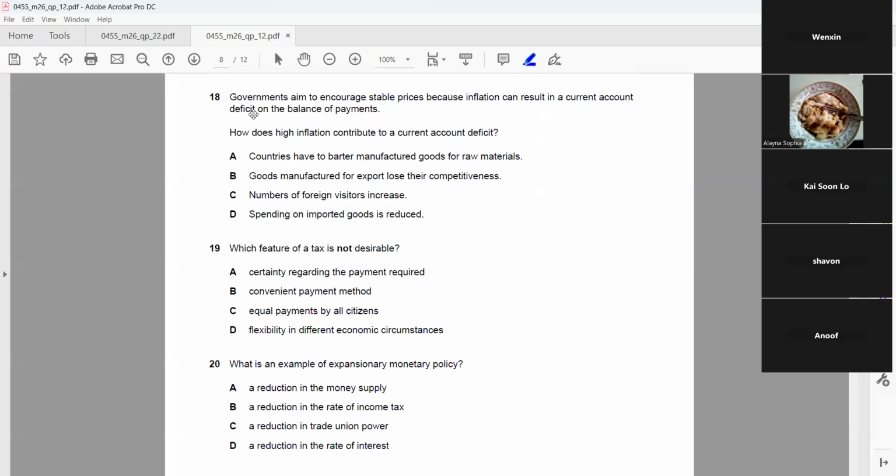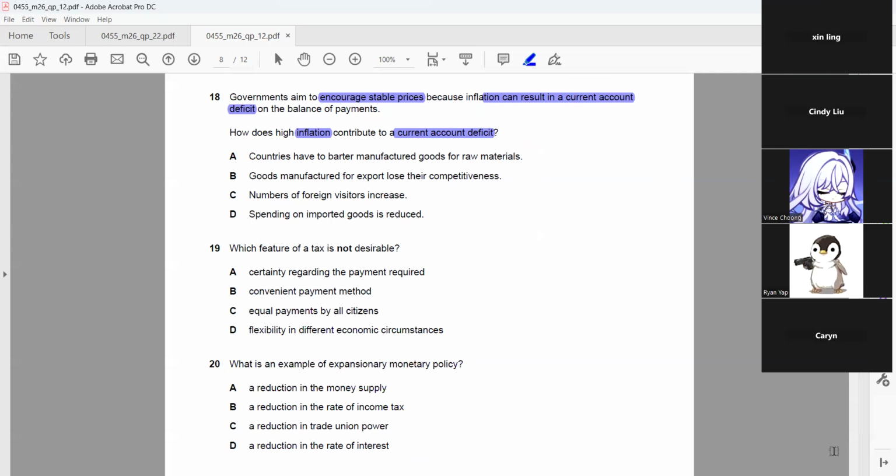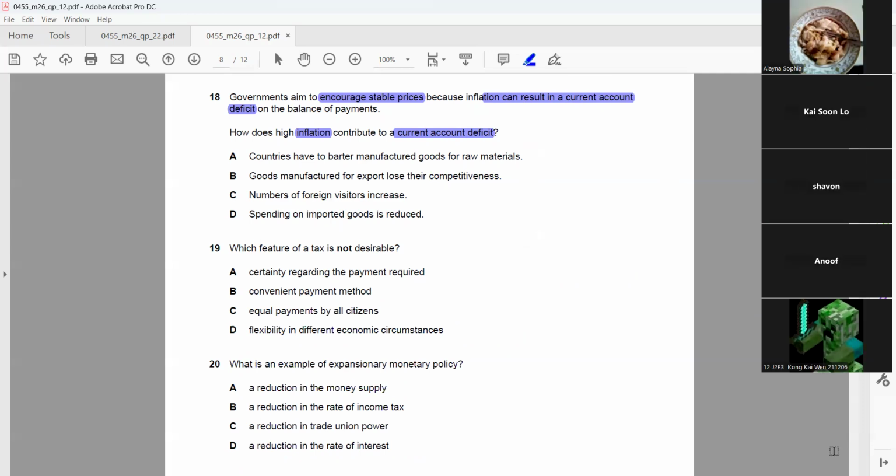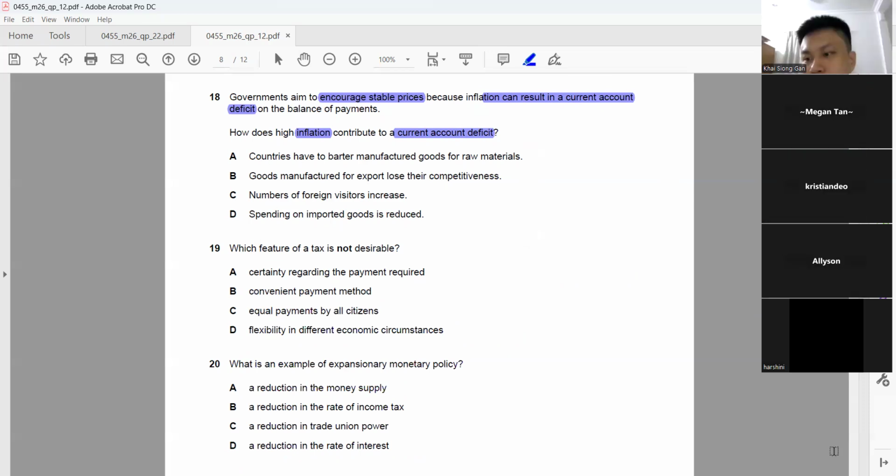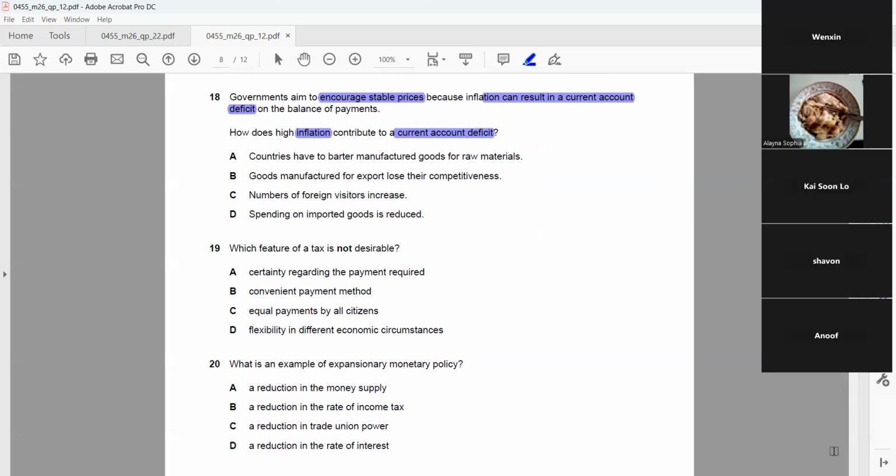Number 18, governments aim to encourage stable prices because inflation can result in the current account deficit on the balance of payments. How does inflation contribute to a current account deficit? So, Elena, what is your answer for this one? How is inflation resulting in current account deficit?